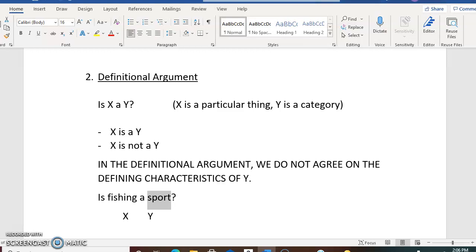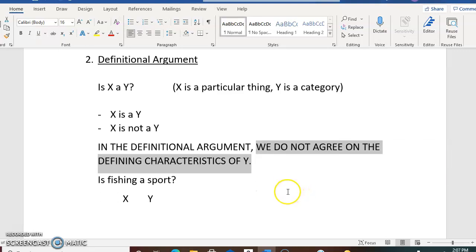But I'll bet that if we took a vote as a class, we'd have some disagreement about whether or not fishing is a sport. And what this tells us is we all know what fishing is, right? But we disagree probably on what the characteristics that make a sport are, okay? And that's why this is different, why it's a definitional argument, because in a definitional argument, we do not agree on the characteristics of Y.